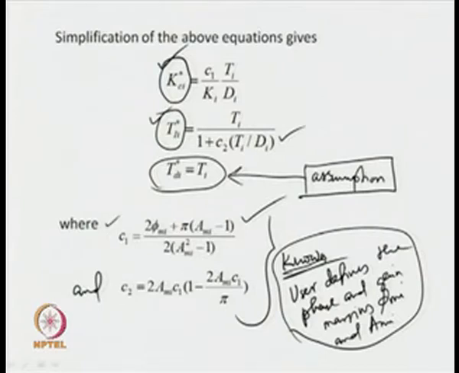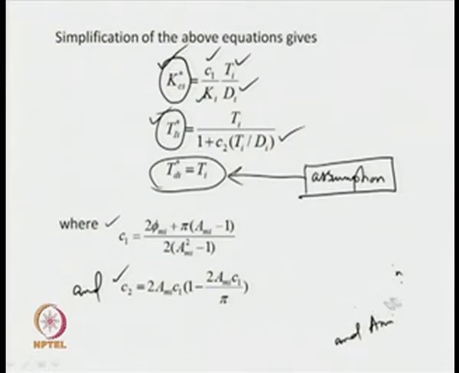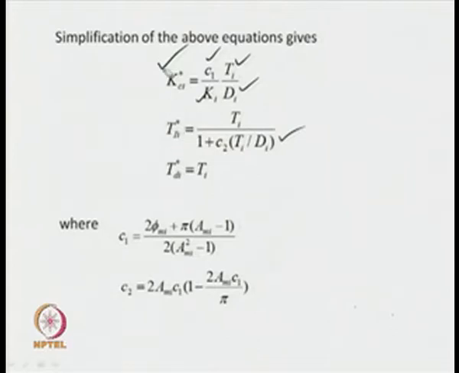Then C1 and C2 constants are known, C1 known, Ki known, Ti known, Di known. So, these explicit expressions will enable us to estimate the unknowns of the new PID controllers, which are available in the series form. Thus, the PID controllers parameters are estimated.